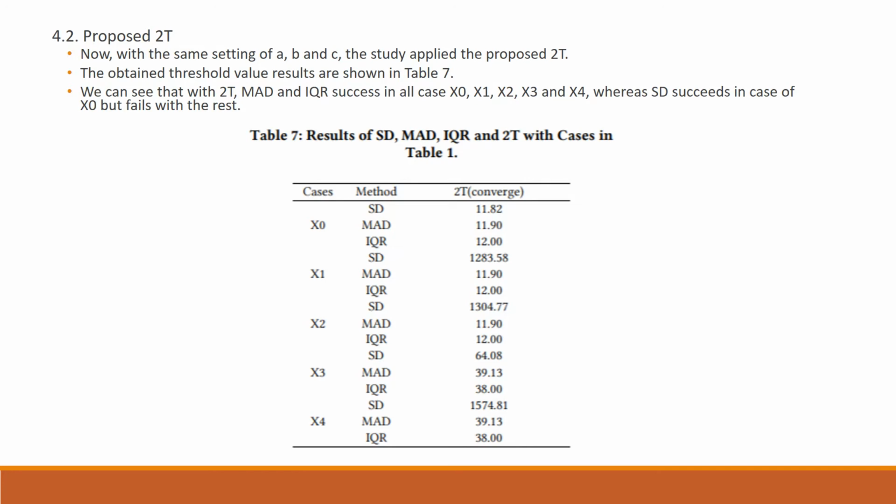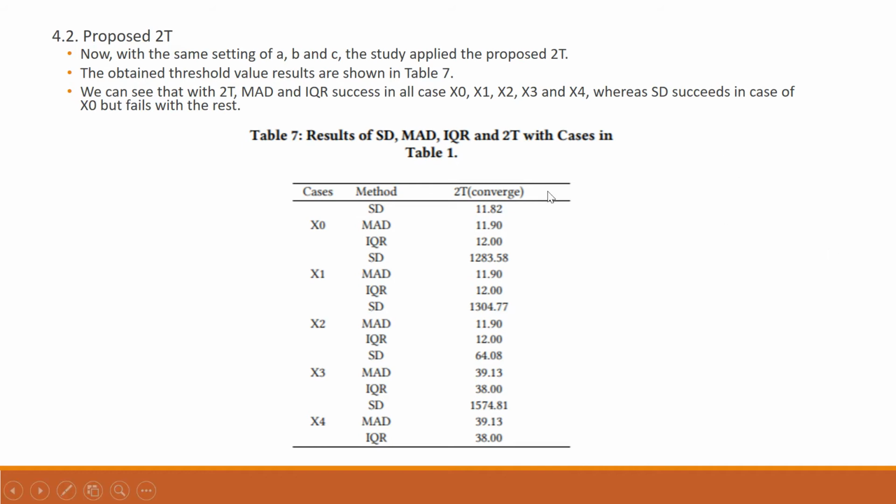We have used the same values of A and C. The obtained threshold values are shown in Table 7. You can see that 2T, MAD and IQR succeeded in all cases X0, X1, X2, X3 and X4, whereas SD succeeded in X0 but fails in the rest.